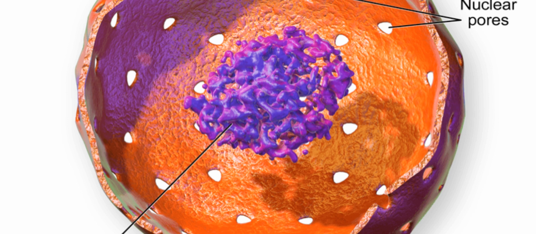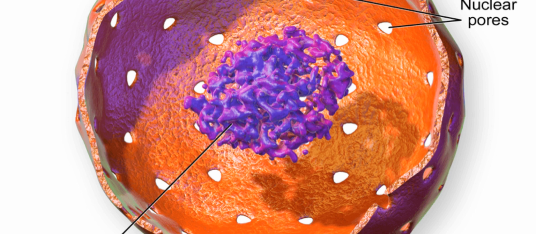It controls all the activities occurring within the cell. For example, the nucleus controls how the cell should develop, how the cell should survive and grow, how the cell should reproduce, etc.